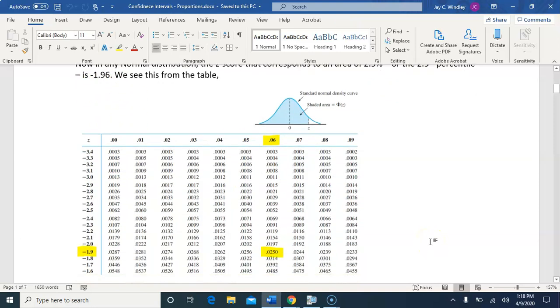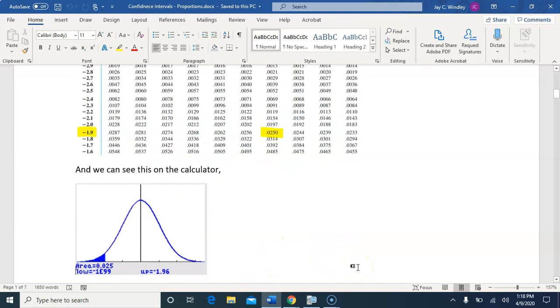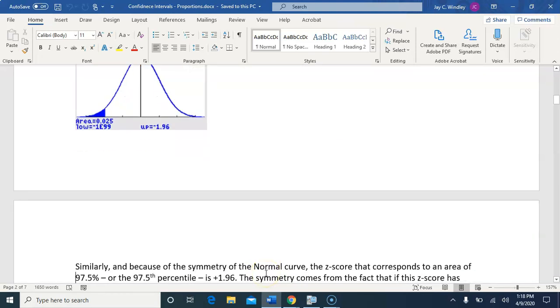We can see this from the table that negative 1.96 corresponds to a left tail area of 2.5%. And this can also be illustrated on the calculator. The area from negative infinity to negative 1.96 is 0.025. So negative 1.96 is kind of an important number, as we're going to see coming up. That leaves 2.5% down in this tail.